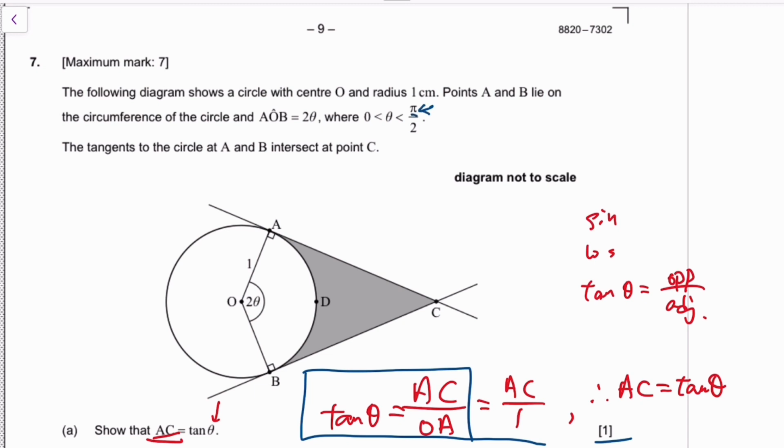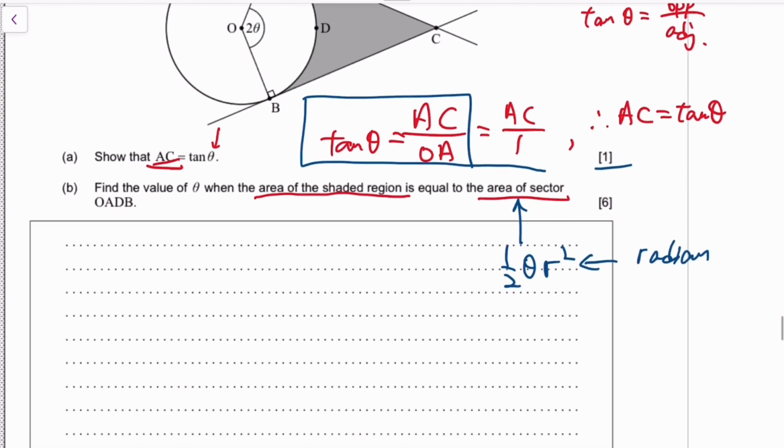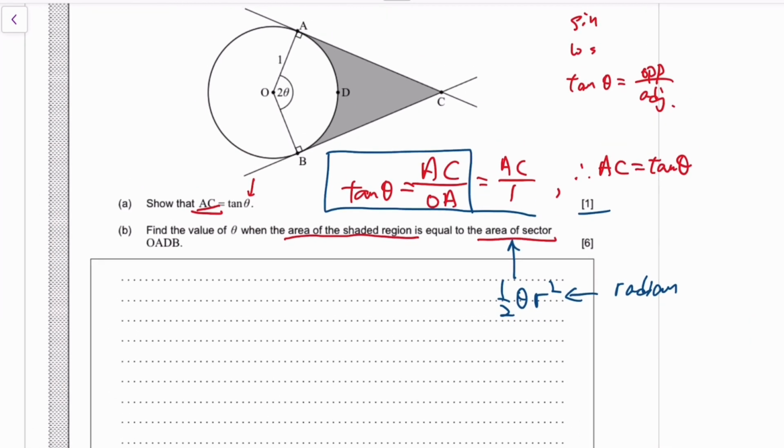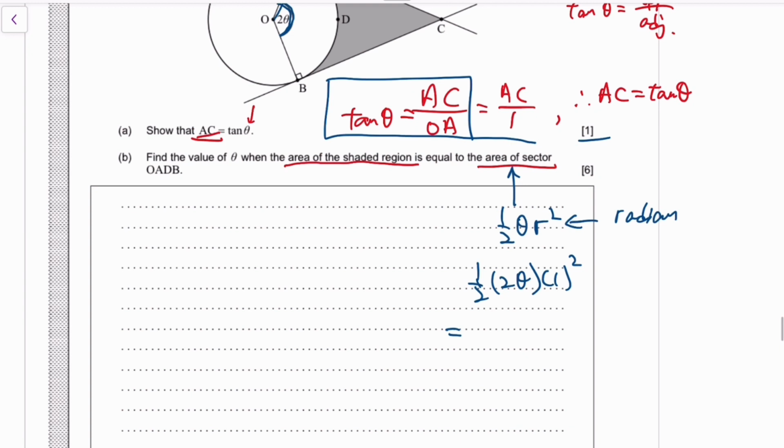The question used pi, that automatically implies the question is in radians. So the area of the sector would be half times the angle here. The angle here is 2 theta, so 2 theta times the radius squared. Radius is 1, squared is 1, 2 and 2 cancel out. Turns out the sector simply has area theta.